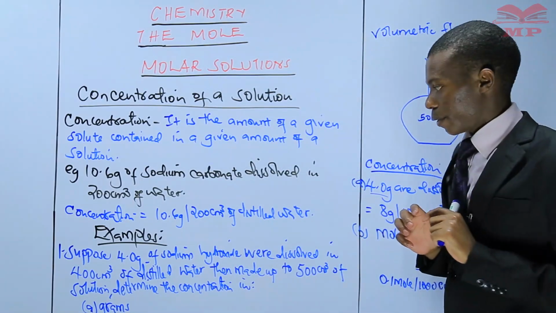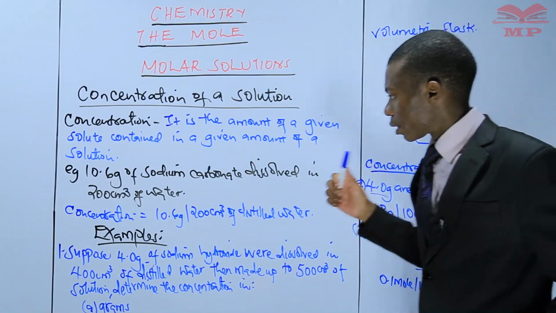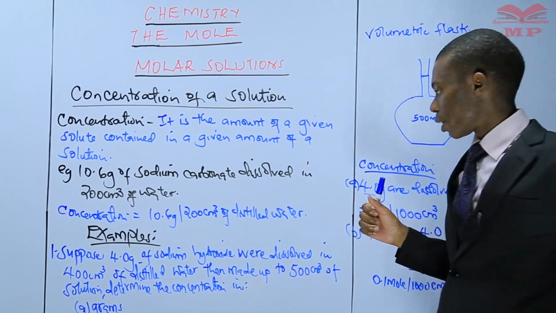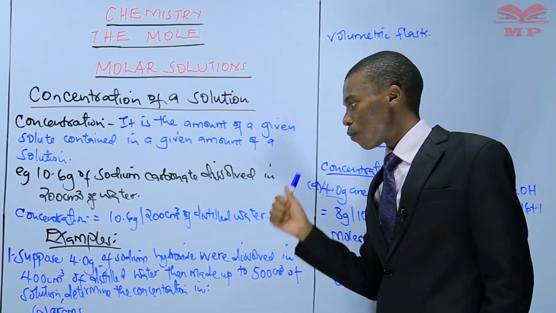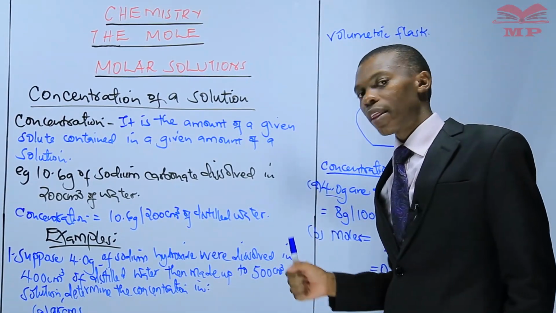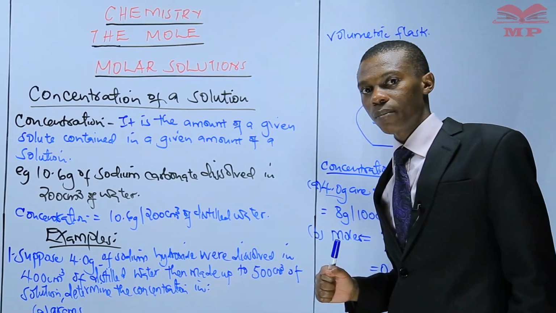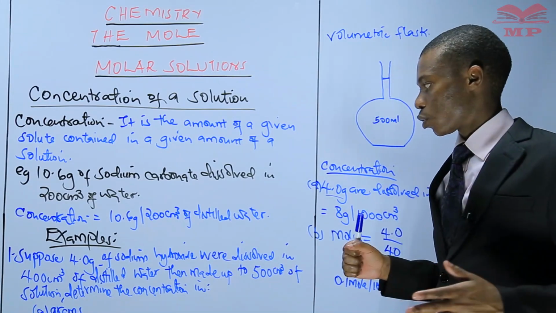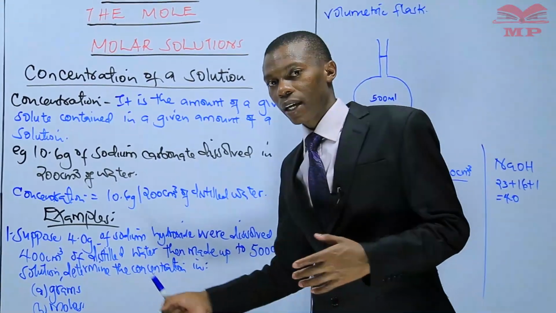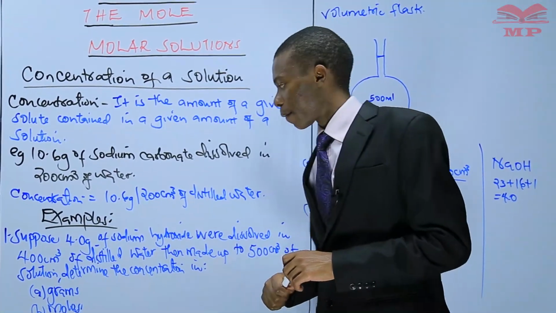I want to repeat again: suppose 4.0 grams of sodium hydroxide were dissolved in 400 centimeters cubed of distilled water, then made up to 500 centimeters cubed of solution. Determine the concentration in grams and in moles.